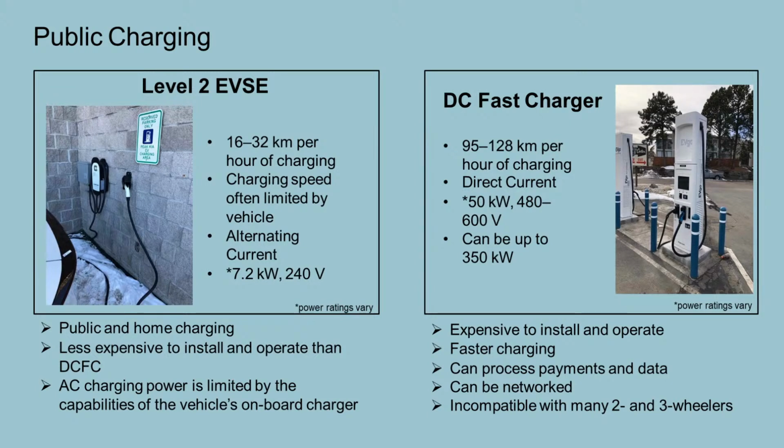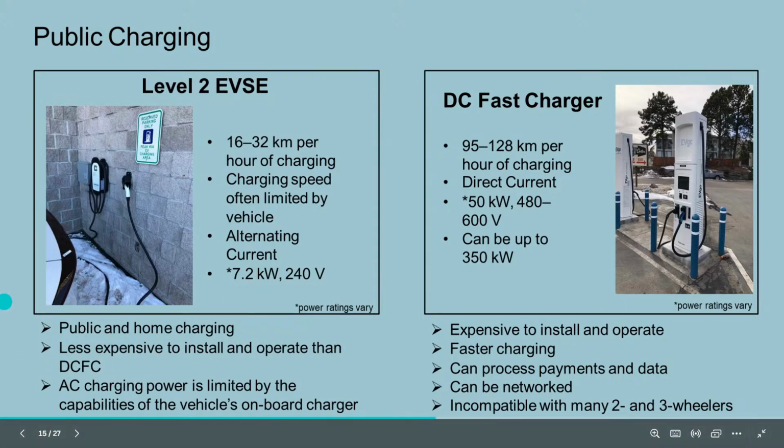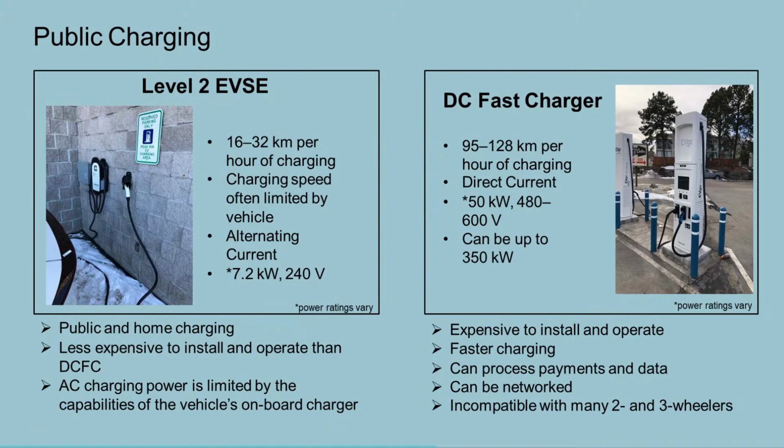Level 2 chargers use alternating current power. They usually provide 7.2 kilowatts of power at 240 volts. We can find Level 2 chargers both in public places and for use at home. These Level 2 chargers are much cheaper to install and operate compared with DC fast superchargers.